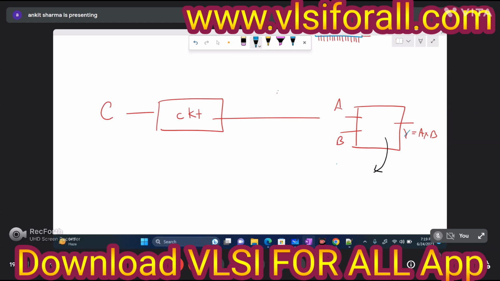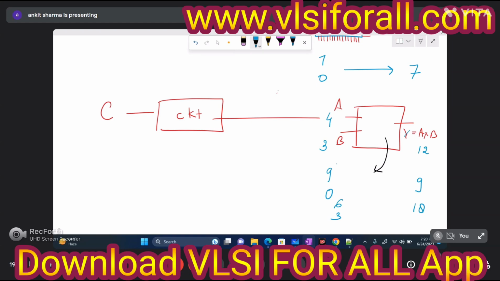But when the customer uses it, if the user gives 4 and 3, the user gets 12. But if the user gives 9 and 0, the user gets 9. If the user gives 6 and 3, the user gets 18. Again, if the user gives 7 comma 0, the user gets 7.